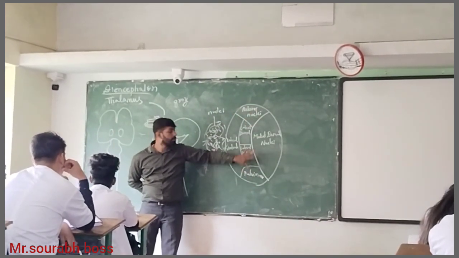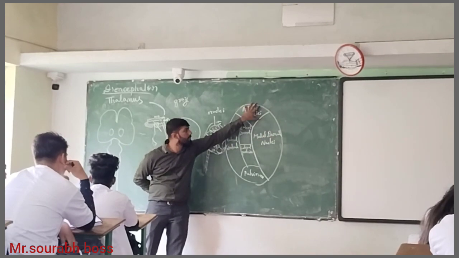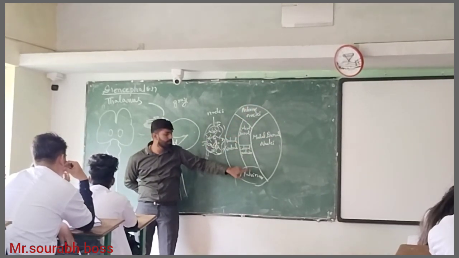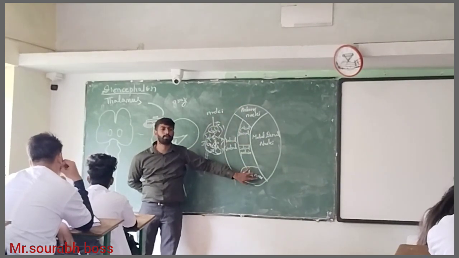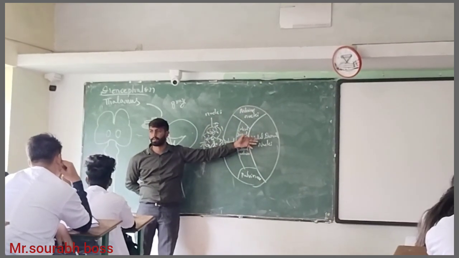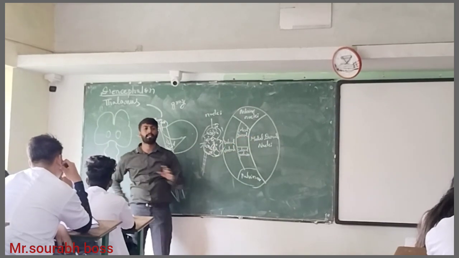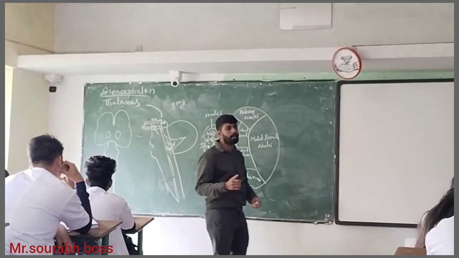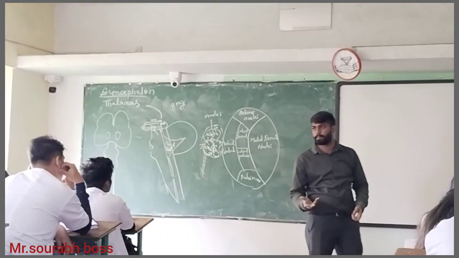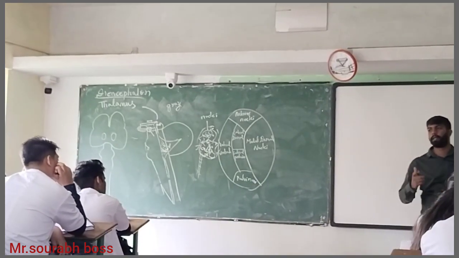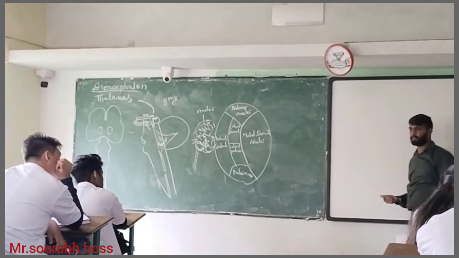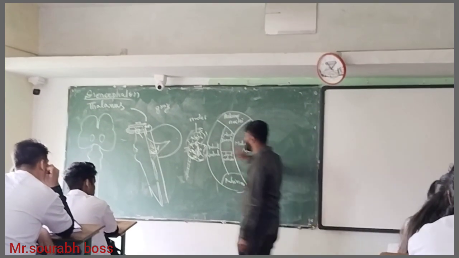This one is a separate nucleus, this one is separate, and so on. There are so many nuclei doing different functions. So the thalamus is a group of nuclei, a complex nuclear structure. It is a complex structure, right?